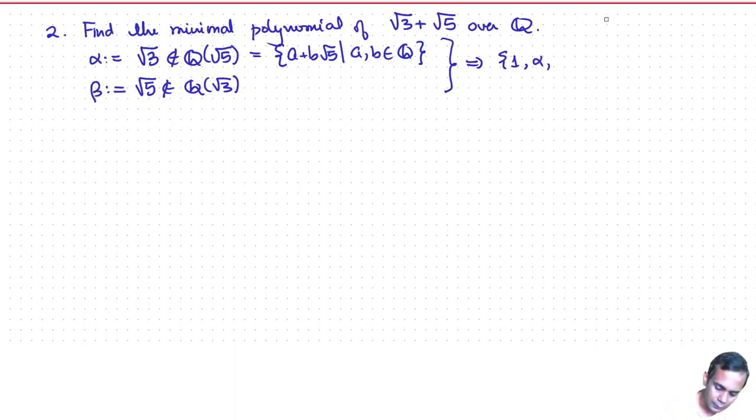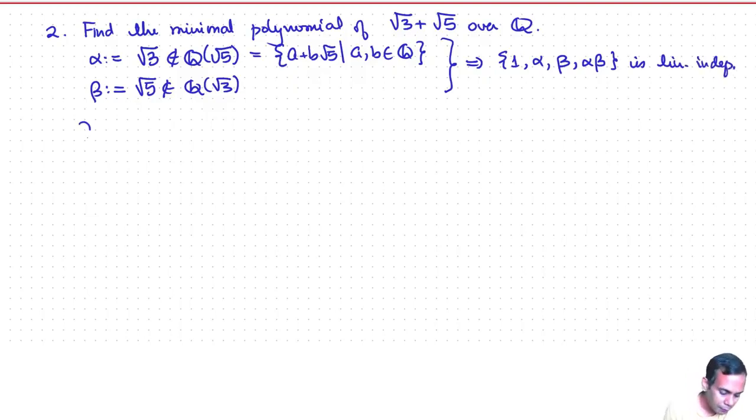So 1 and alpha, of course, are linearly independent over Q. 1 and beta are linearly independent over Q, but alpha and beta are linearly independent because beta is not in Q root 3, not in the field obtained by adjoining alpha to Q. And again, alpha beta is linearly independent of both alpha and beta because alpha beta is neither in Q root 3 nor in Q root 5. It's not in Q root 3 because alpha is in Q root 3 but beta is not in Q root 3. So alpha beta cannot be in Q root 3. So these are linearly independent. So this is a linearly independent set.